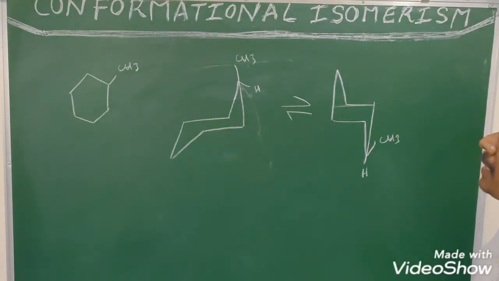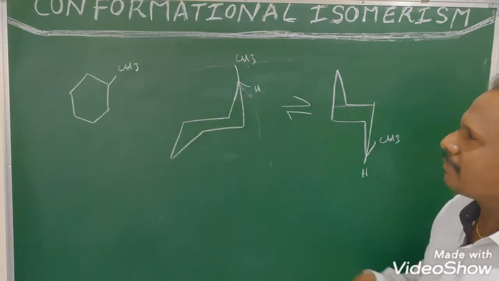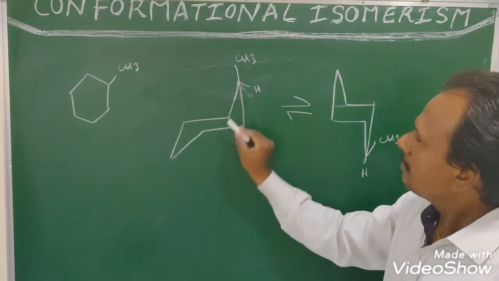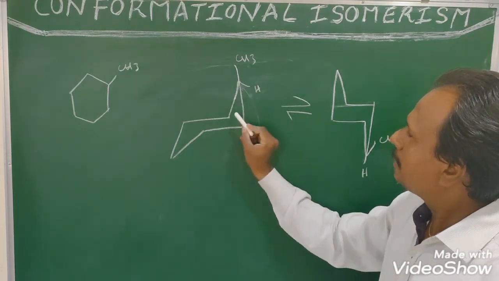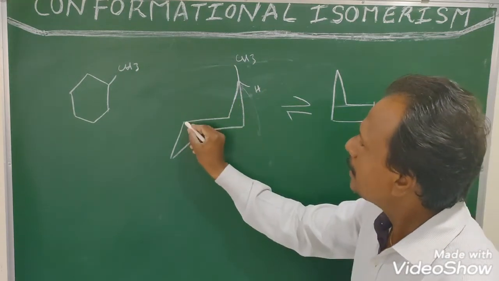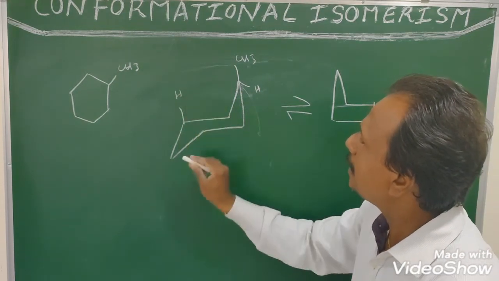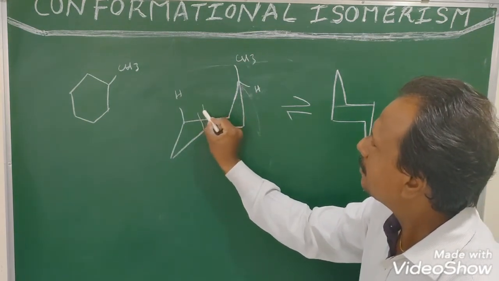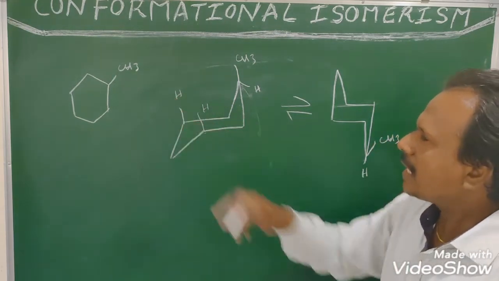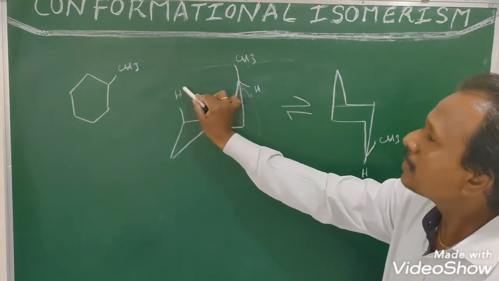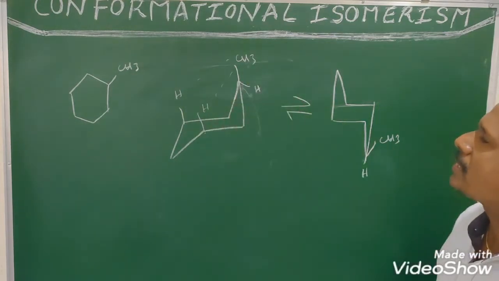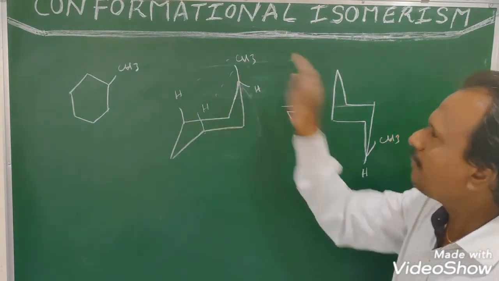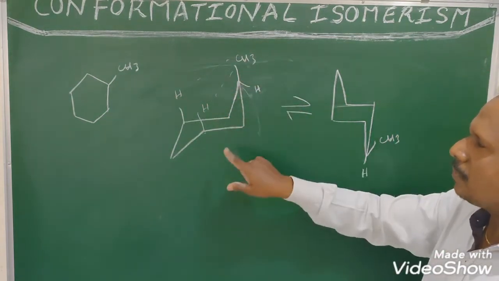How can I decide the stability? The substituent here occupies the axial position. It is the first carbon, second carbon, third carbon. Each has two H atoms, one axial H, another equatorial H. Here also axial H. These two axial H atoms give repulsions to this methyl group. It is called 1,3 diaxial hydrogen repulsion. So there are more repulsions, and it is unstable.